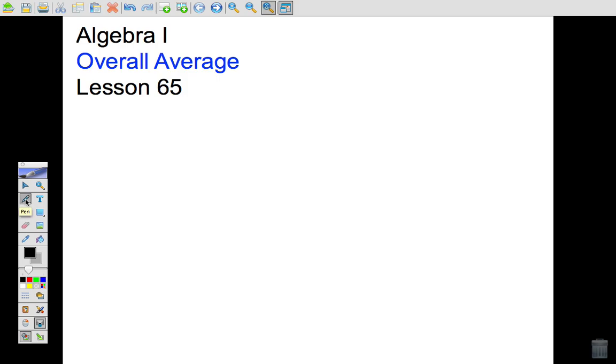Say all these tests are out of 10 points. On one of the tests you had an 8, and on another, maybe you didn't do so well, you got a 4, and on another one you had a 7. Say you had these 3 tests in the quarter. So this is the first test, then the second test, and the third test.